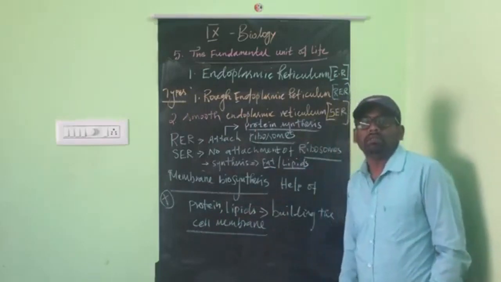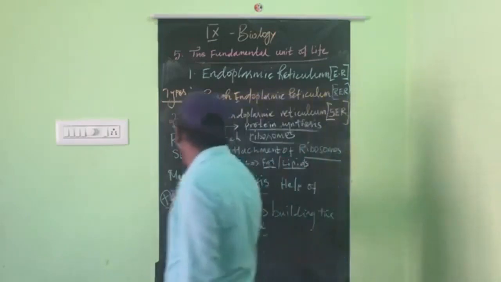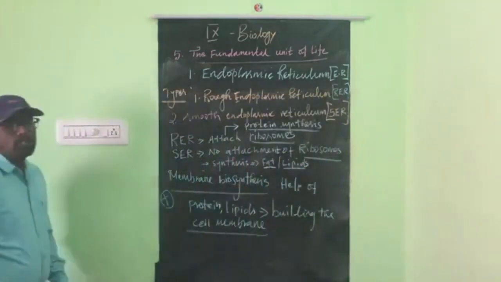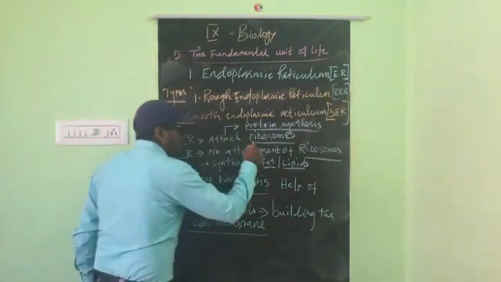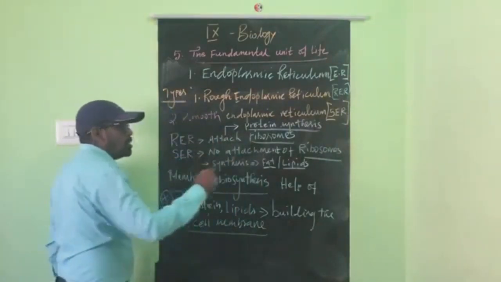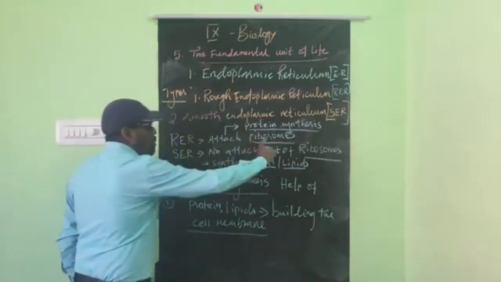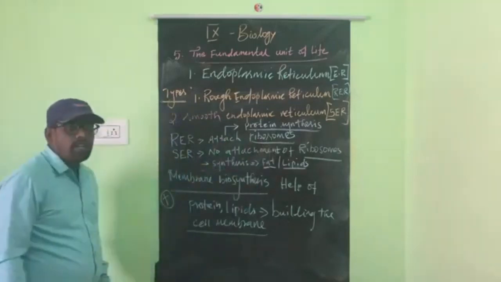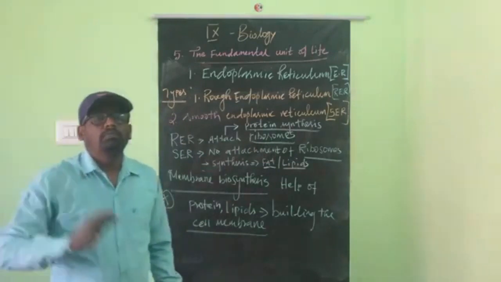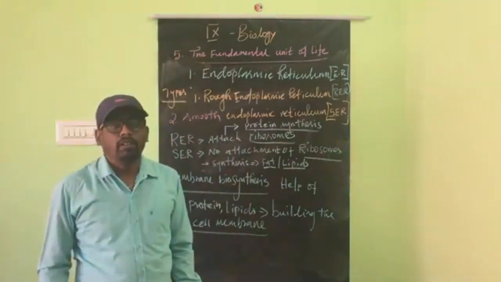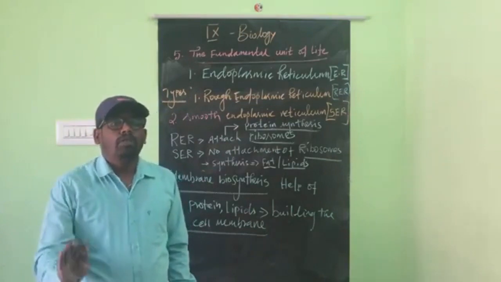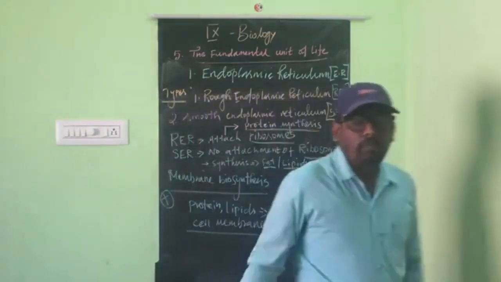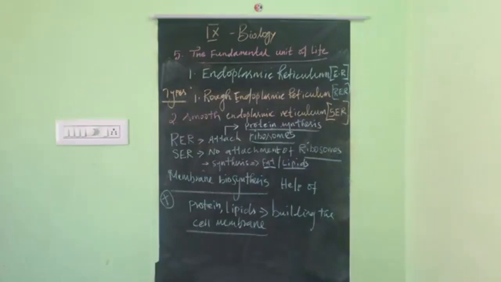The process is called membrane biosynthesis. These are synthesized by the rough endoplasmic reticulum and the smooth endoplasmic reticulum. Both are responsible for building up the plasma membrane or cell membrane. The process is called membrane biosynthesis. Very important, a very short answer, make note of it.